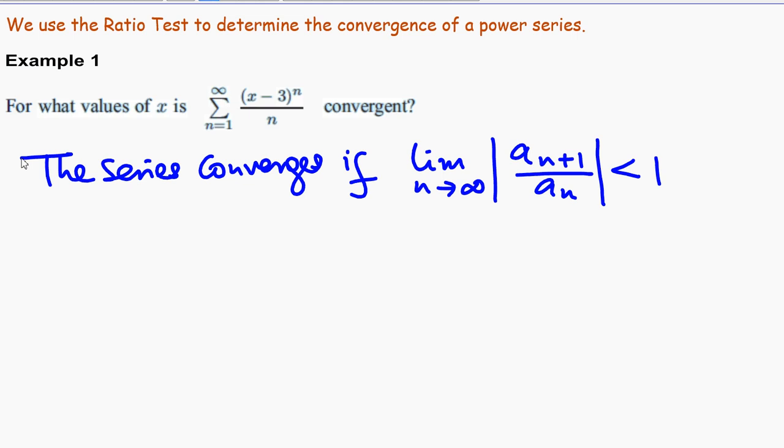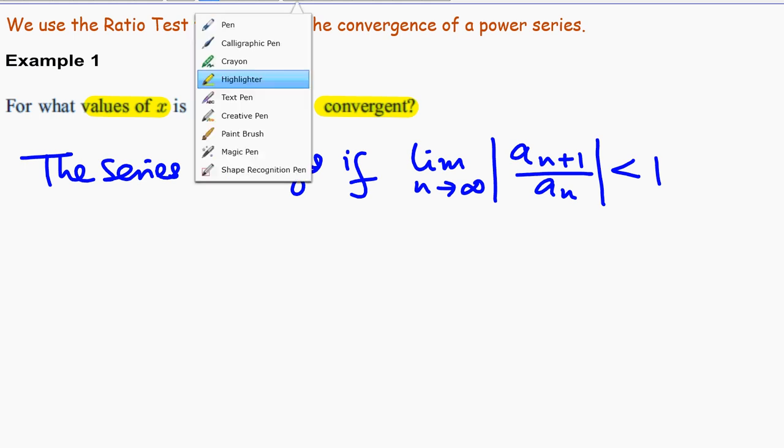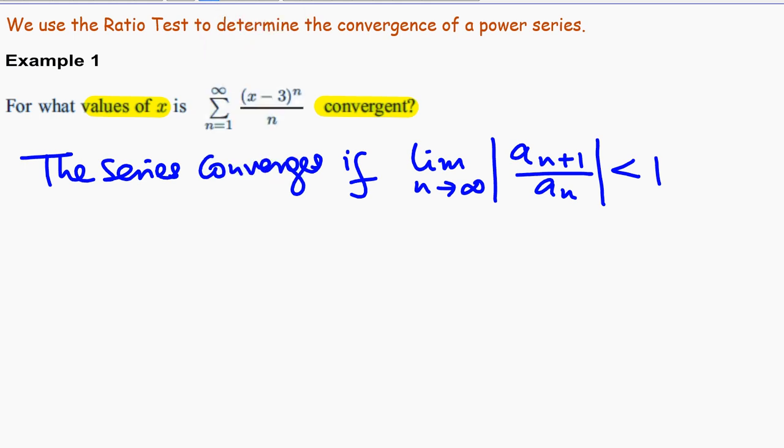And we can use that to find what you're being asked here, the values of x where this series converges. So back to the ratio test.